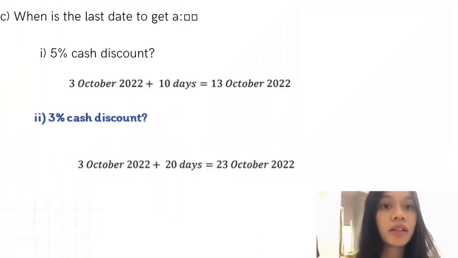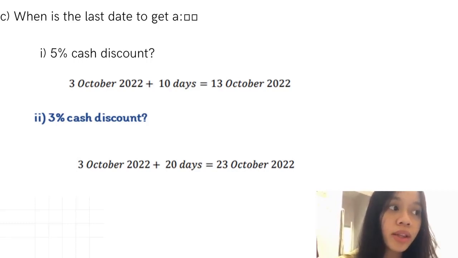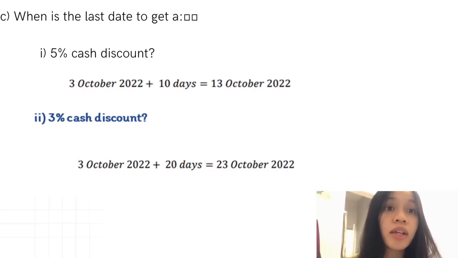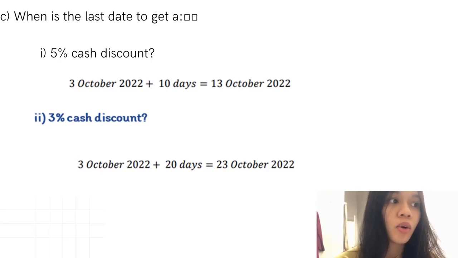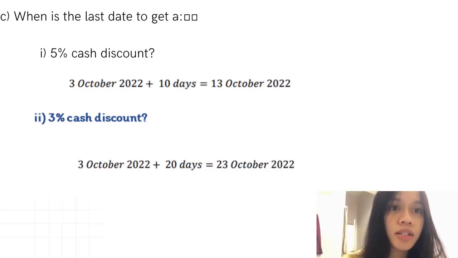I'll be explaining about my part, which is question C1 and C2. The first question is, when is the last date to get a 5% cash discount? The second question is, when is the last date to get a 3% cash discount?